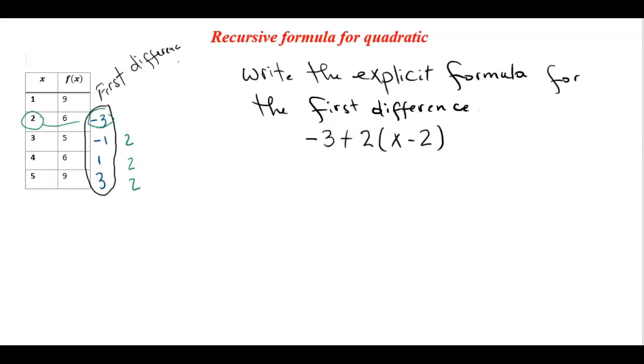Okay, so now this 2 right here is the common difference, that's the second common difference. And this 2 right here is the term number. Okay, so now we can go ahead and simplify.